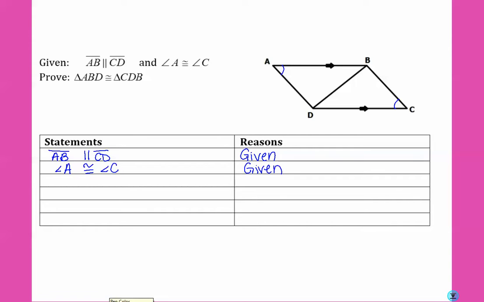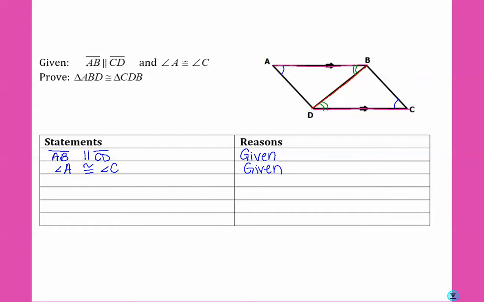Now, since AB is parallel to CD, and they have this transversal that touches both of them, we know that the alternate interior angles B and D are congruent.